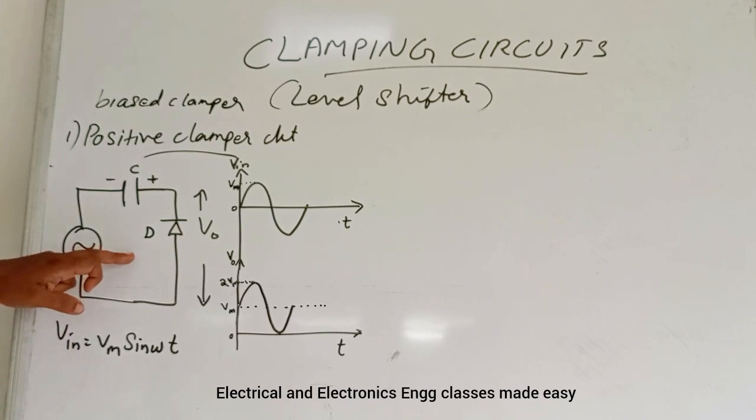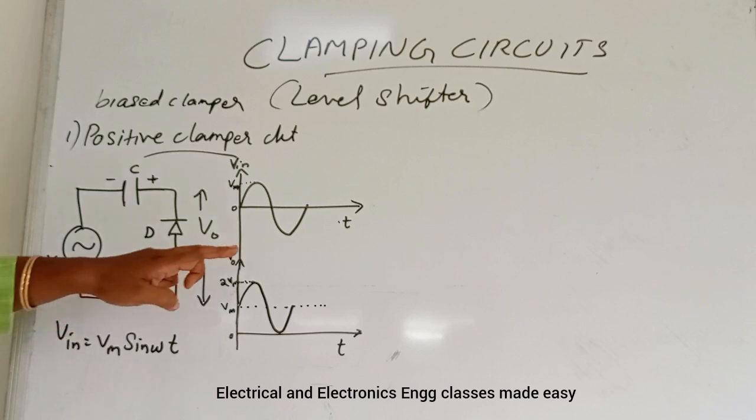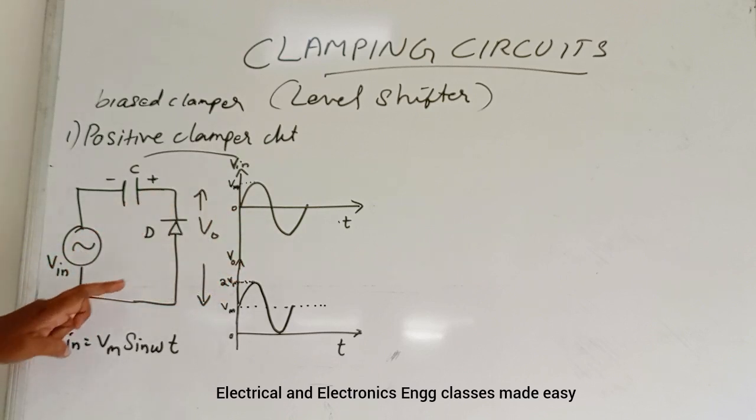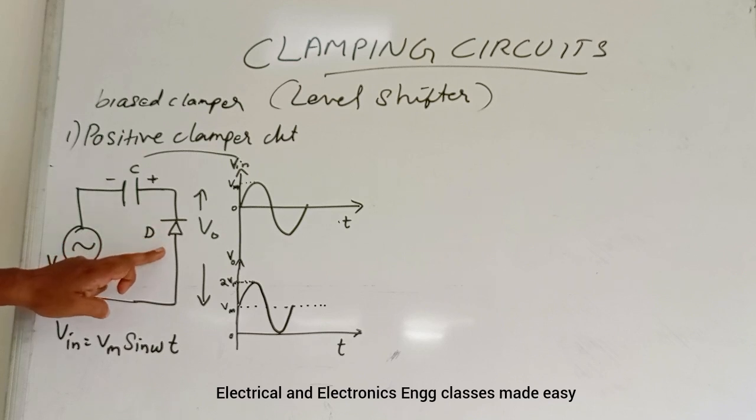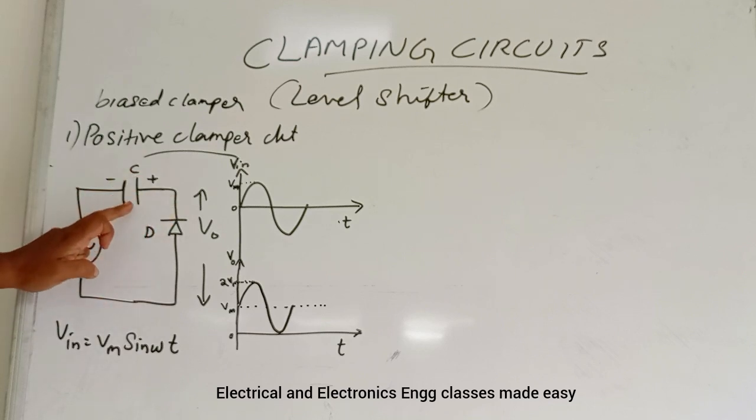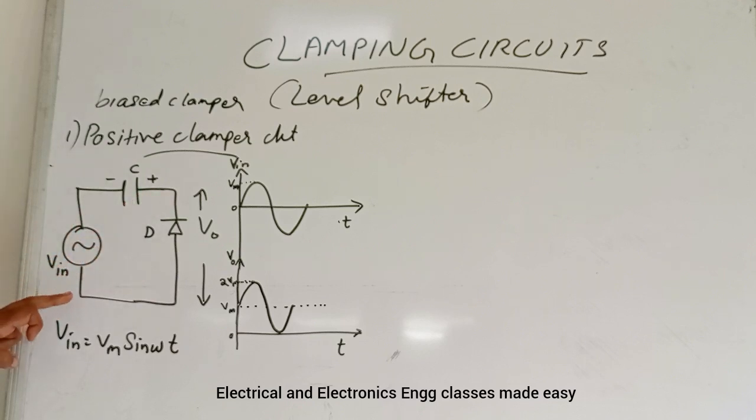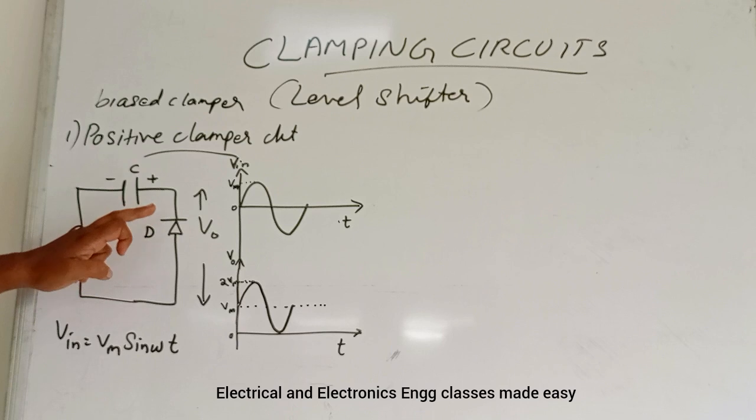During the negative half cycle, the diode conducts and the capacitor charges to Vm with positive polarity to the right side of the capacitor.